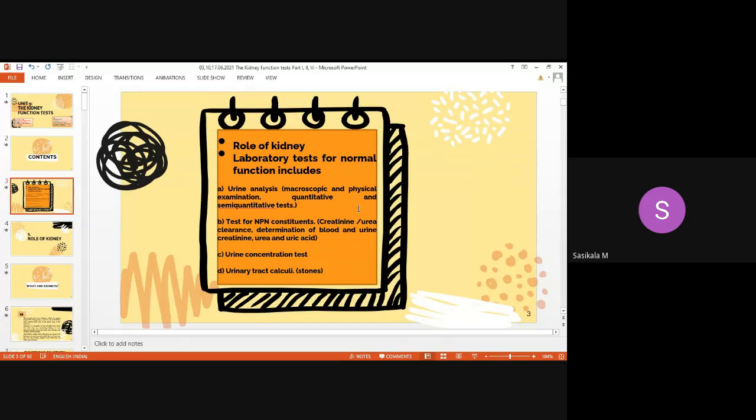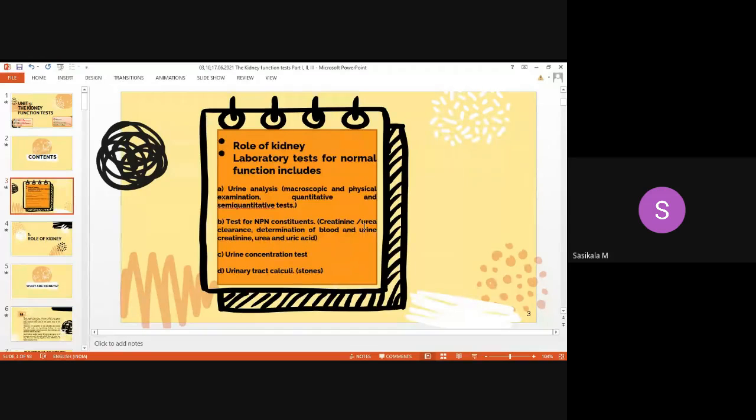Now today we will discuss tests for NPN constituents. The remaining tests we will be discussing. In this title also, blood creatinine estimation and urine creatinine estimation you are already studying in practicals. The same procedure for determination of creatinine in blood and urine sample can be studied.